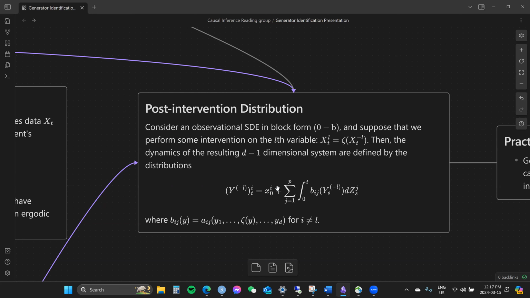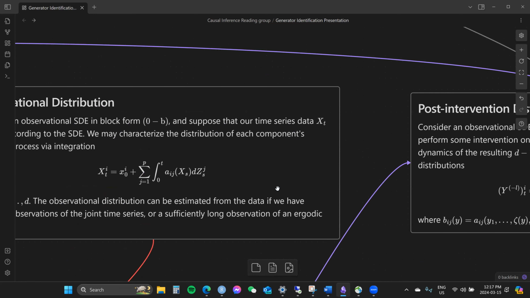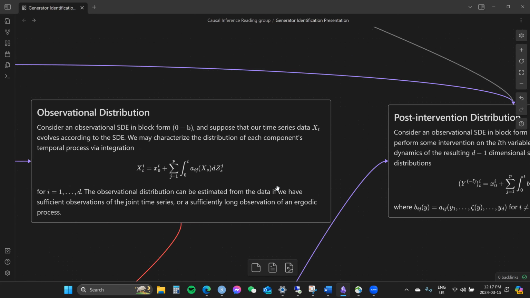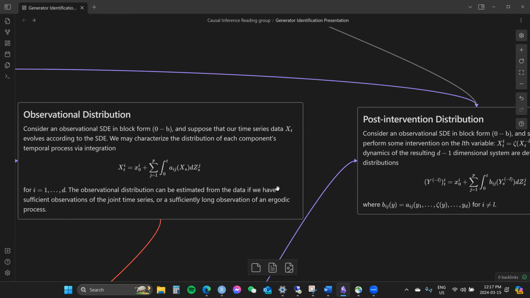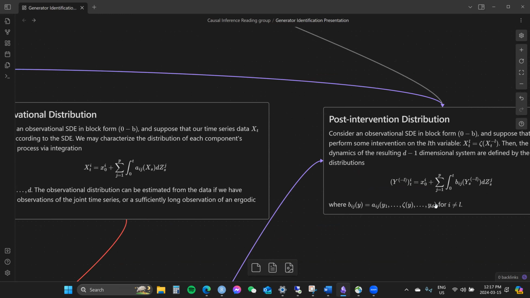So the only difference between the post-intervention distribution and the observational distribution is that we have basically one less variable to look at, and consequently, the way the evolution works will be shifted because of the intervention. All of the time evolutions will be shifted.